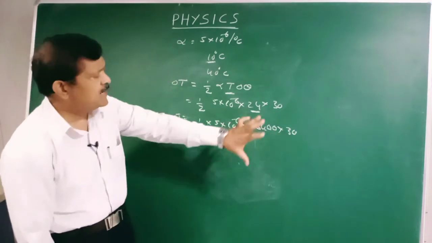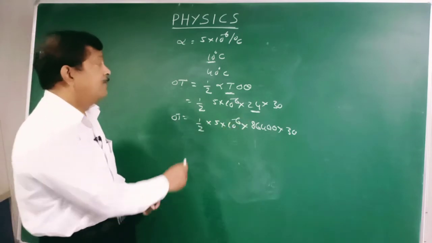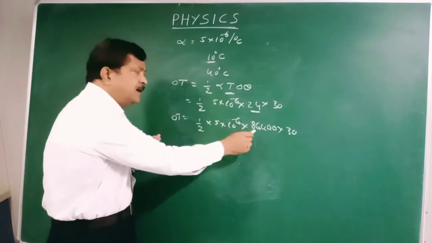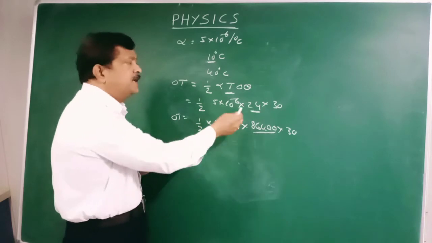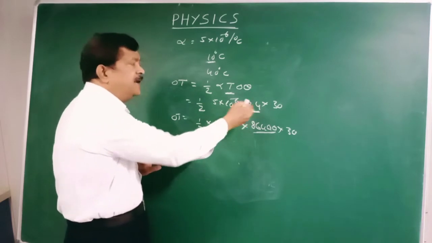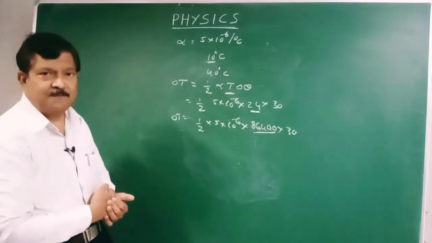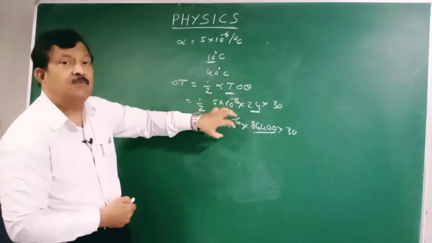So this is a numerical, mathematical calculation. We can do it. But the thing is, verify the option. If the option is in seconds, you can take the time also in seconds. Or if the option is in hours, use the time of 1 day in hours. By calculating the final option, you will get the answer. So how to approach the particular problem, that we have to understand.